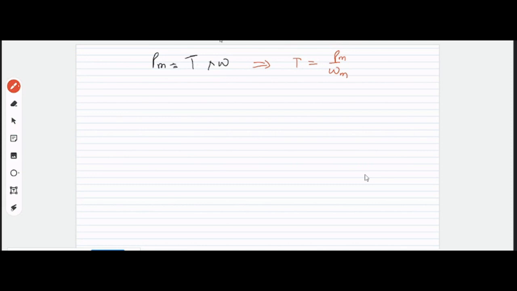Also, this PM and PG have a relation. If you derive, you can get the relation, and that is PM equal to 1 minus S of PG.